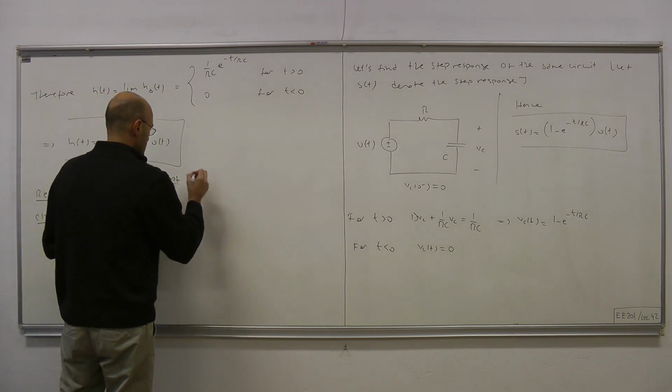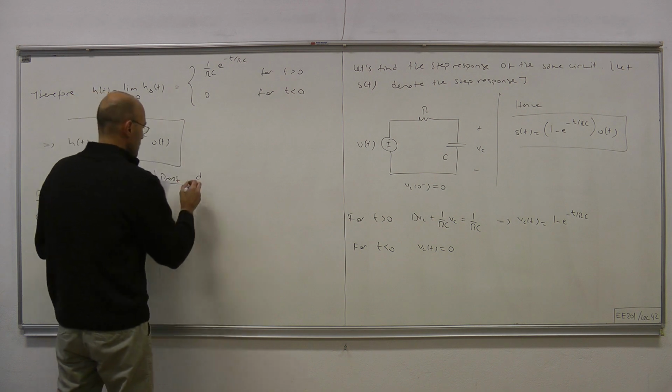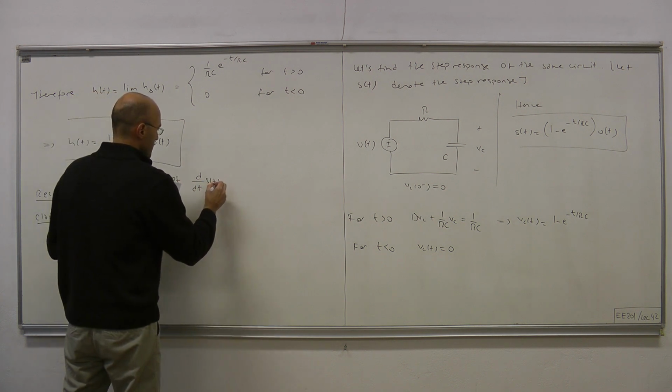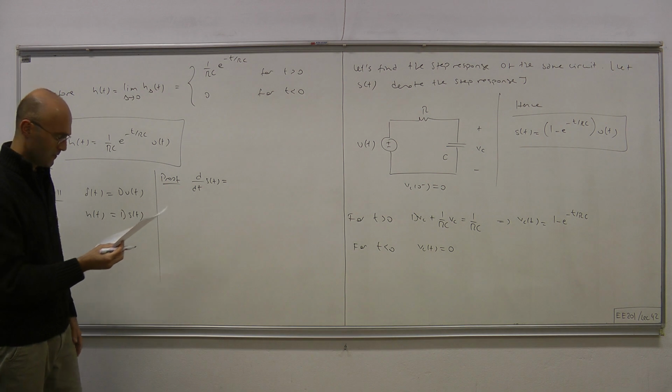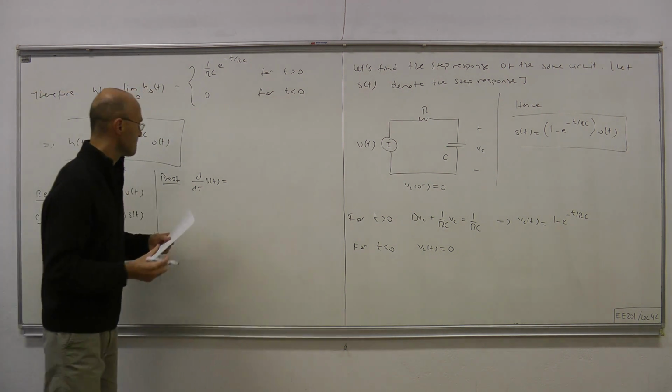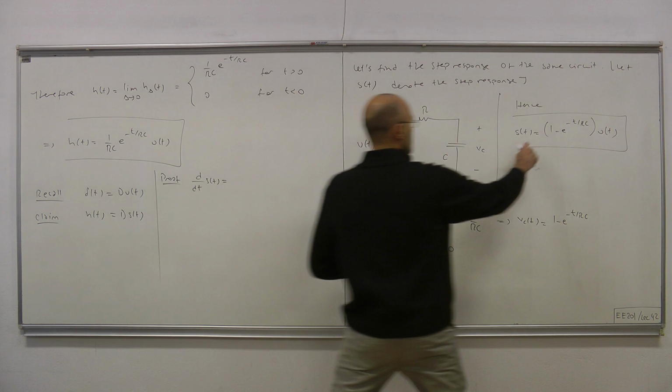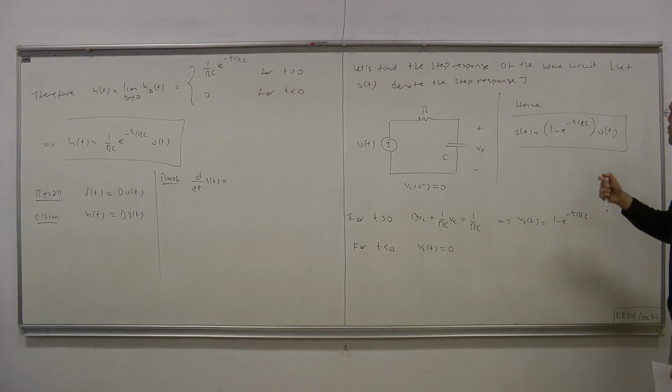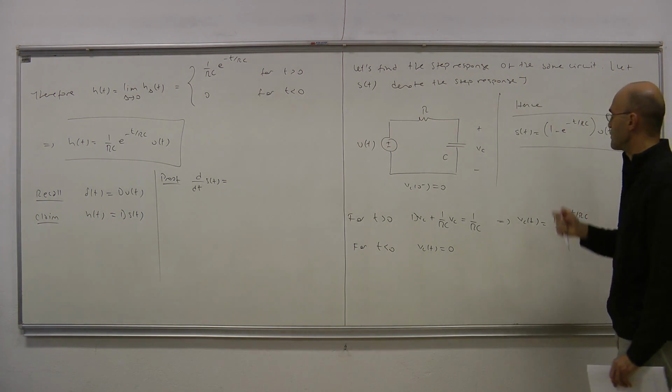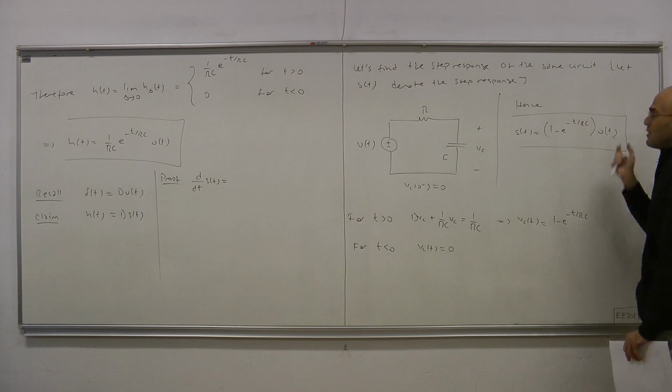So d over dt of s(t) equals what? So we have, okay, this is our step response, and we can consider that as a product of two functions. Here one piece and here the other piece.